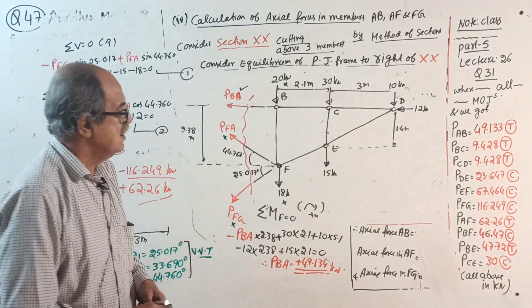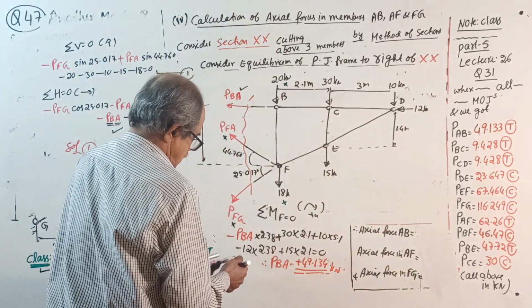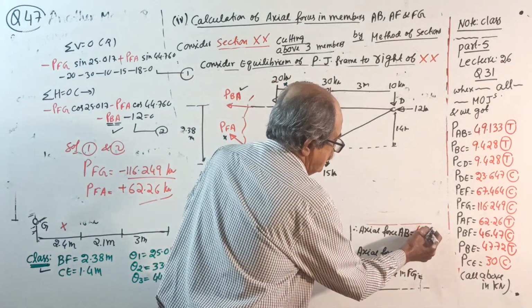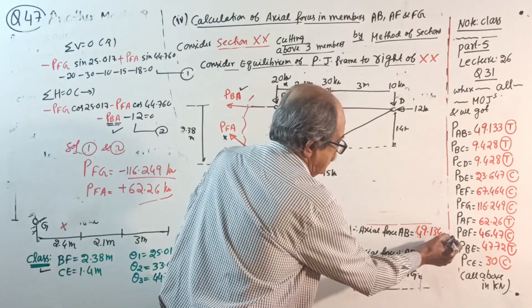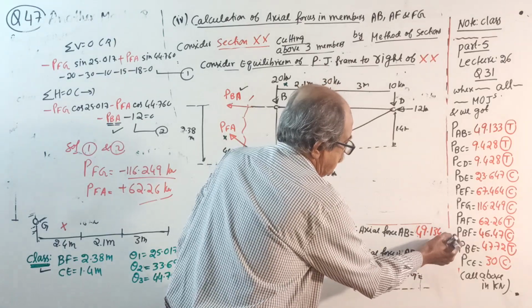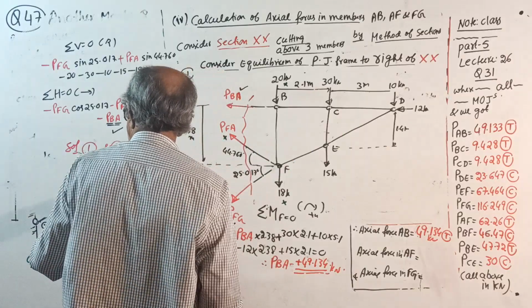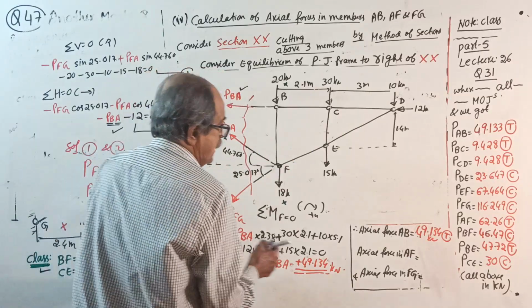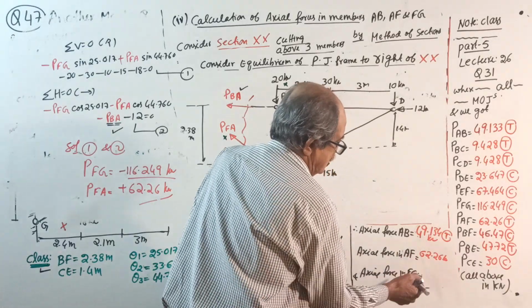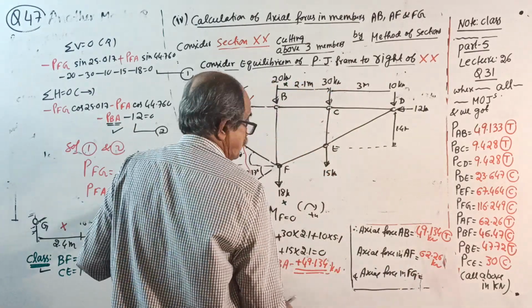Okay, last answer. Axial force in AB: 49.134 kilonewton. Minus plus came, so tension. Axial force in AF: 62.26 kilonewton, positive, tension.